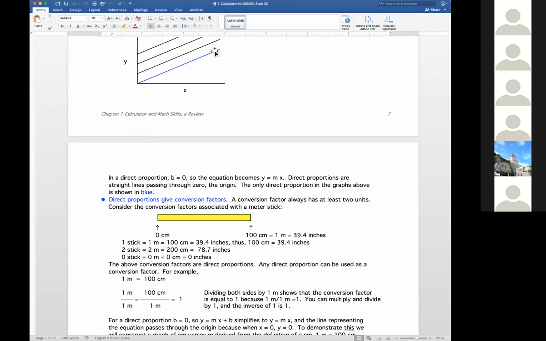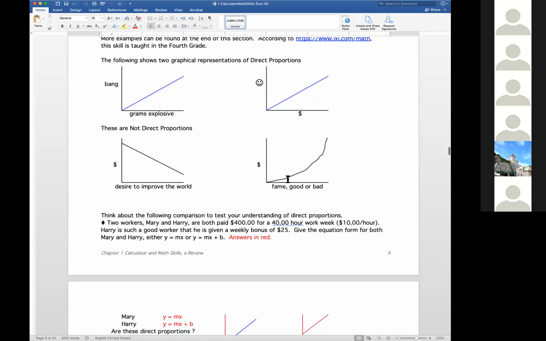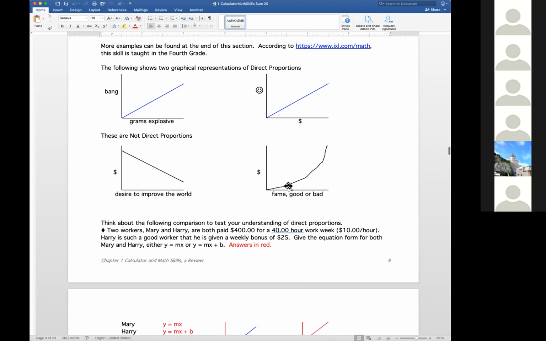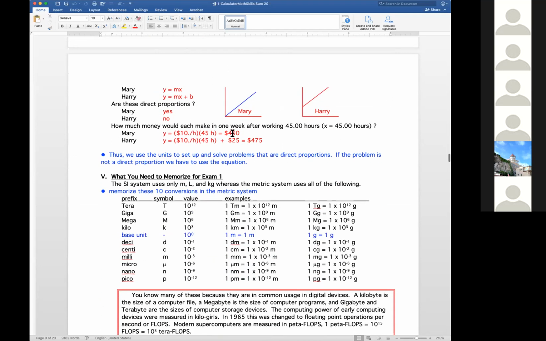So if I take the slope between here and here, it's the same as between here and here. And b is always 0. Okay. If I go to this, the slope here is different than the slope here, which is different than the slope here. Okay. So yeah, that's the difference. So a direct proportion, not a direct proportion.